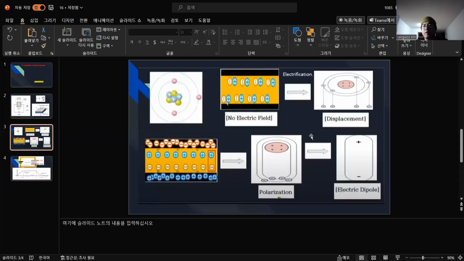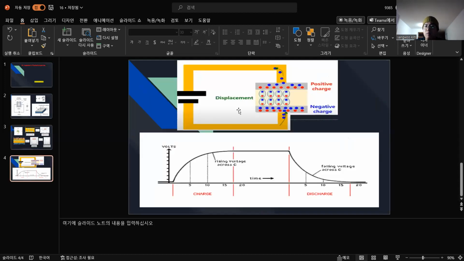Quickly, so it's atoms, right? And polarization happens because of an external force, in this case a source voltage, a DC voltage for example. So displacement happens.